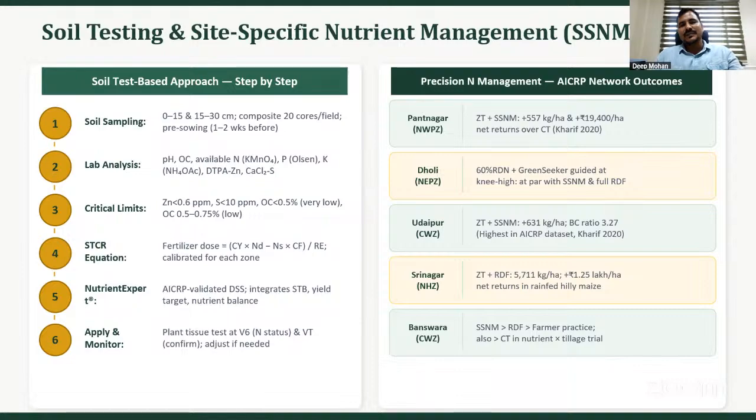So these tools are not just for increasing yield, but for the sustainability of soil. If we do under-application or over-application of fertilizer, it is hampering our soils negatively. So these tools are not just for the yield advantage.